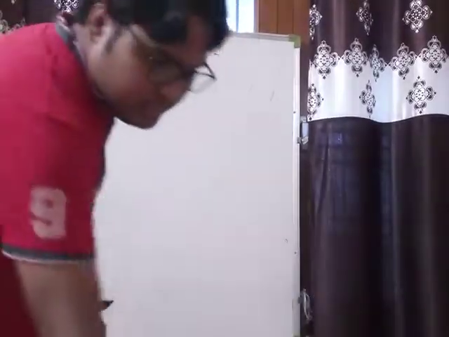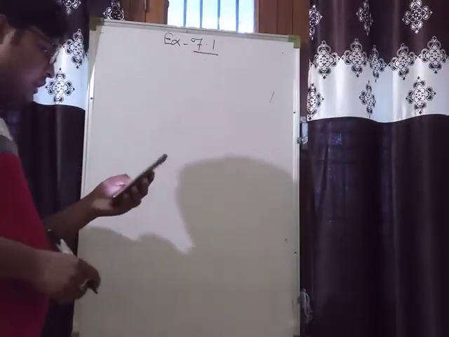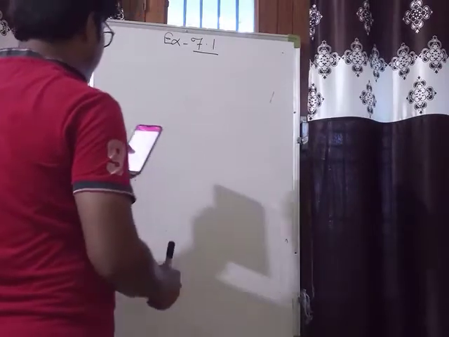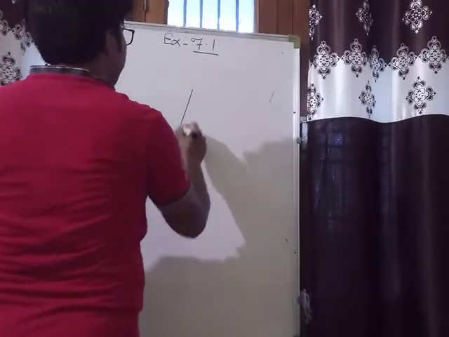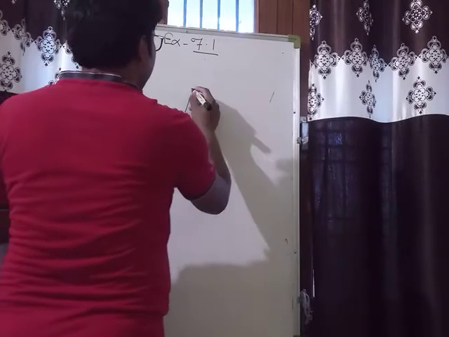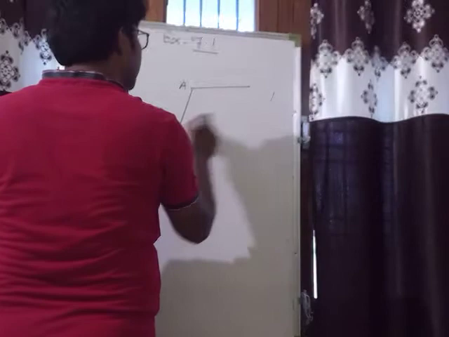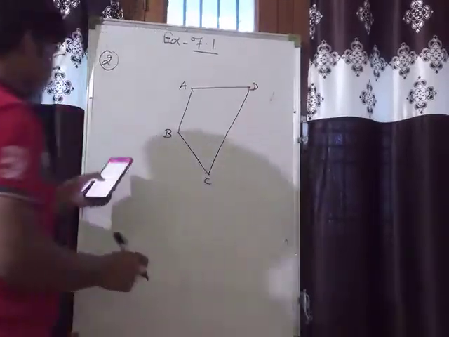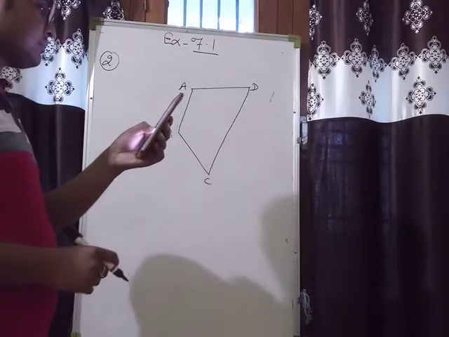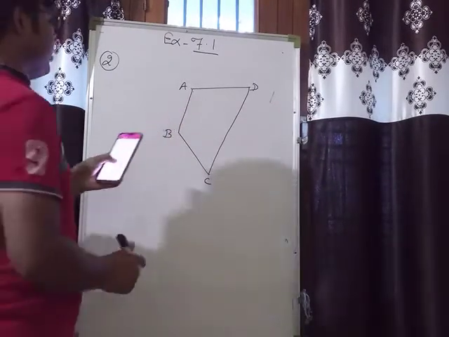Question number second is: ABCD is a quadrilateral, this is A, B, C, D, in which AD is equal to BC.